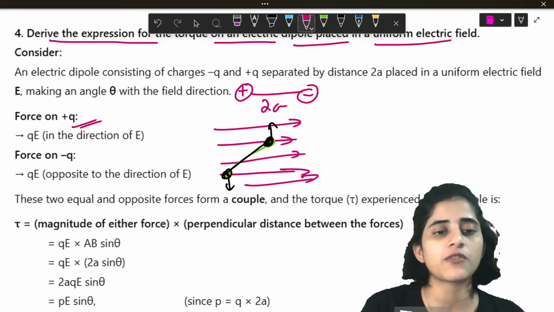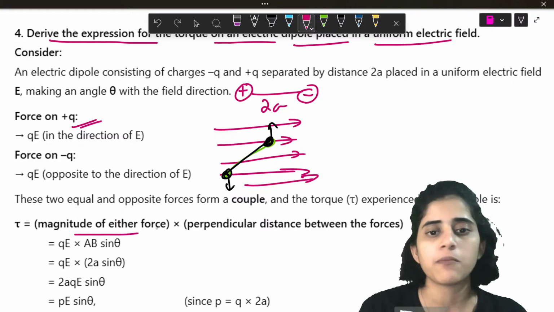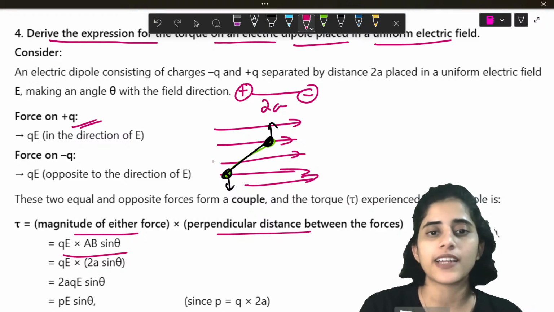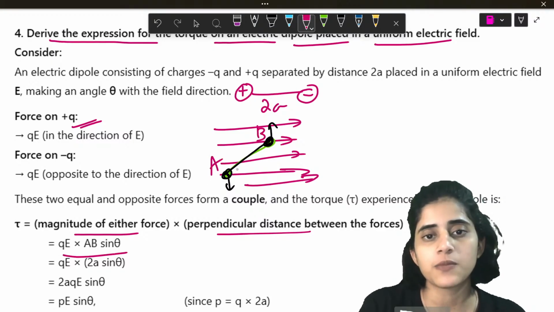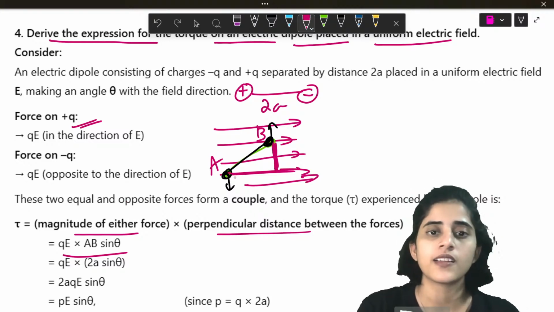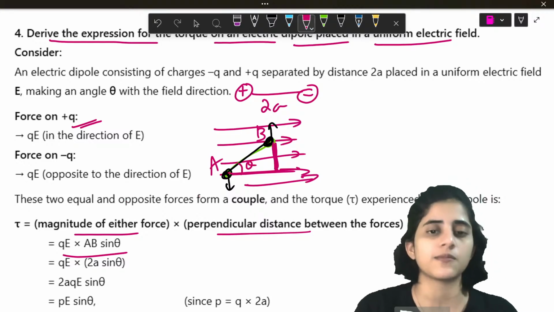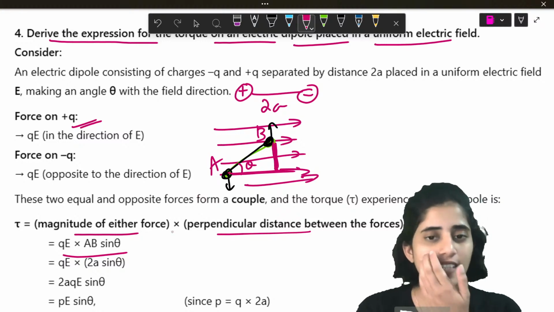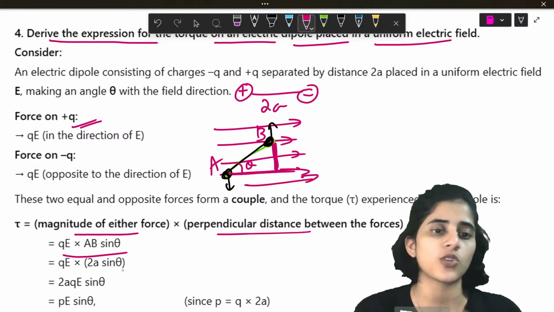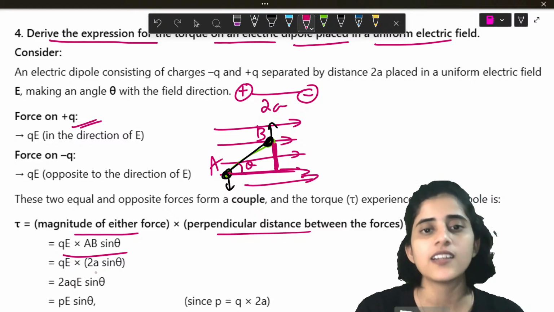So how will you find that out? It is nothing else but magnitude into perpendicular distance, which is qE times, if this is A and this is B, and this angle is theta, this line will be AB sine theta. So qE into AB sine theta. What is AB?